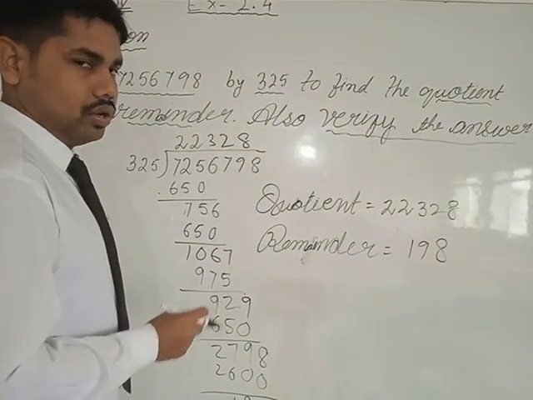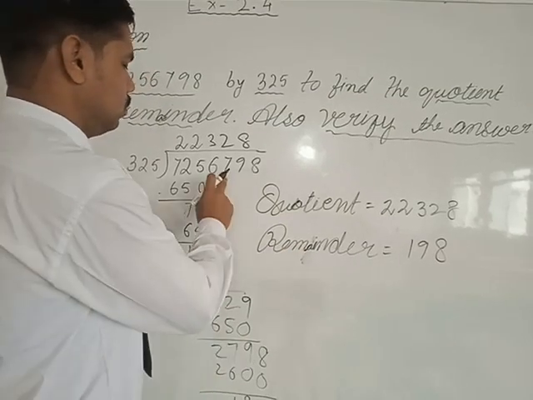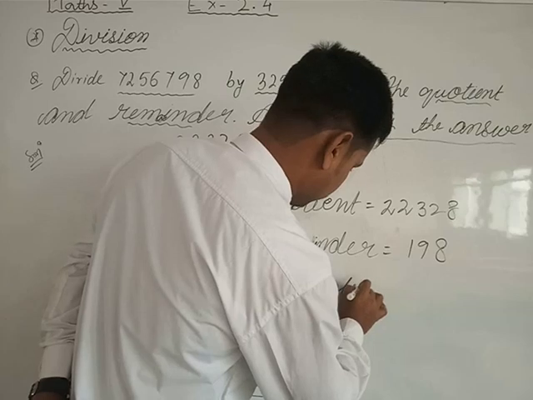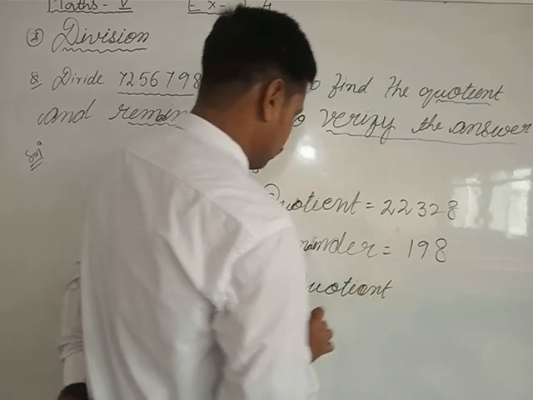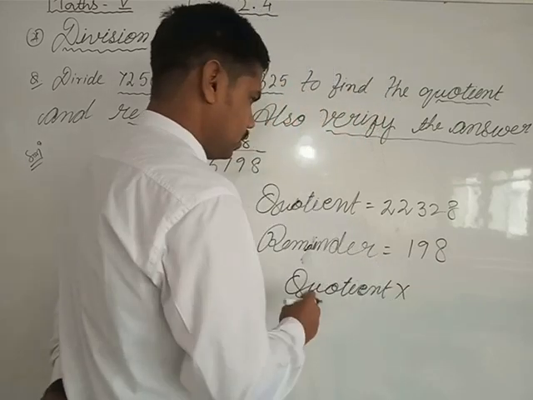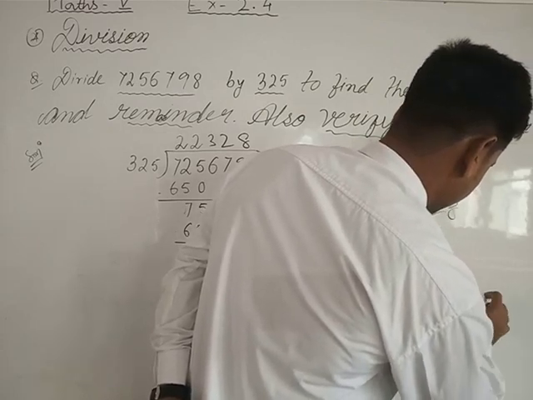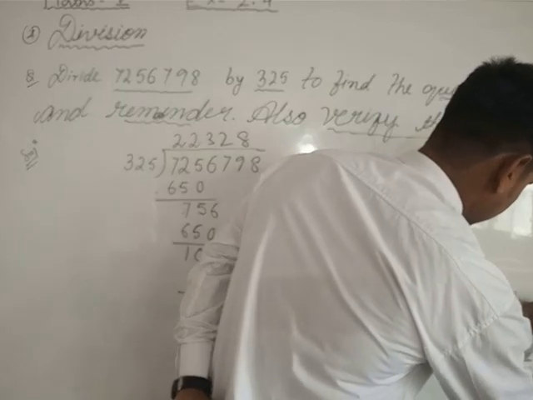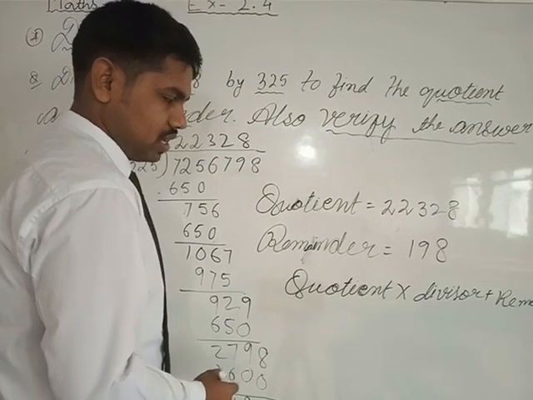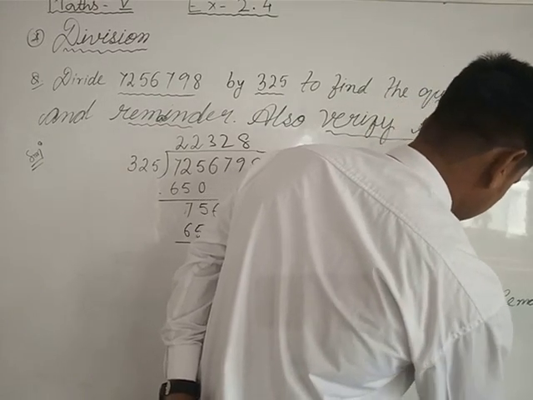To verify, we know that quotient times divisor plus remainder is equal to dividend.